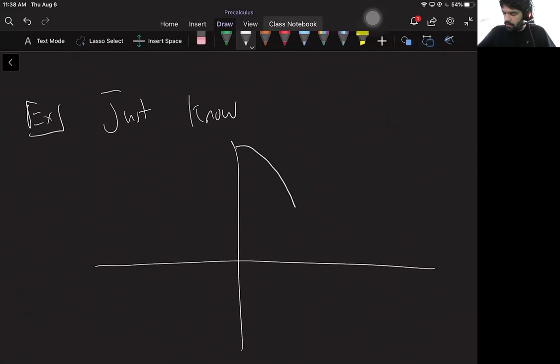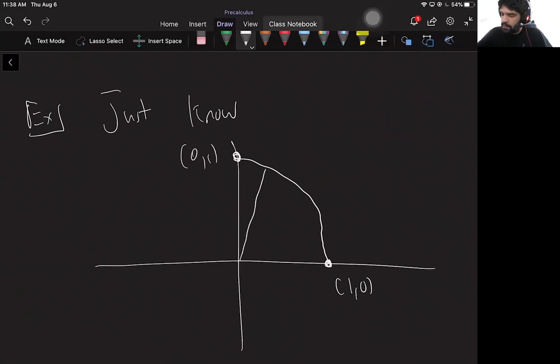So you should know, well, let me draw it better actually, sorry. So you should know this guy really well, the first quadrant. So this is like 1, 0, 0, 1, and then you should know the pi over 4, pi over 3, pi over 6 stuff. So you should know these points, like I said earlier, and then use them to get the others.